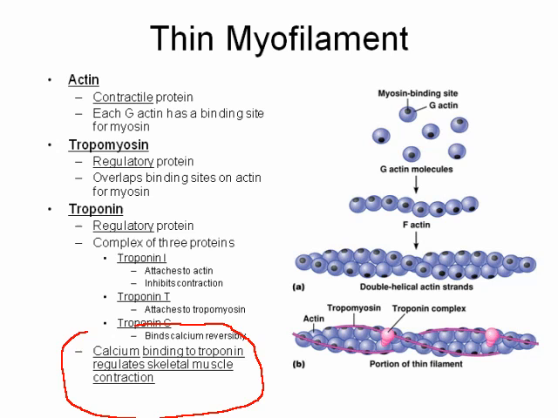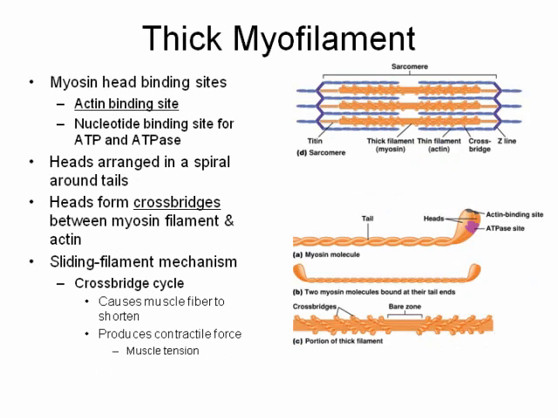So calcium binding to the troponin is going to regulate the ability of the actin to bind to the myosin and therefore to cause muscle contraction. The thick filament, we're talking about this large gold or tan-colored structure here, is made of myosin. Myosin consists of both a tail, which is a long filamentous type of structure, and a globular head.